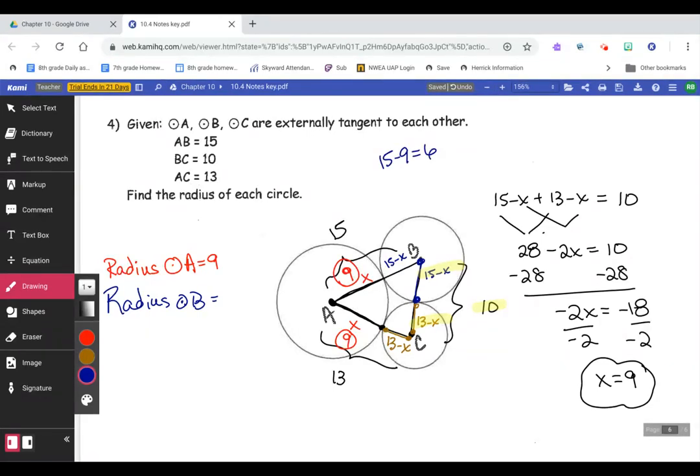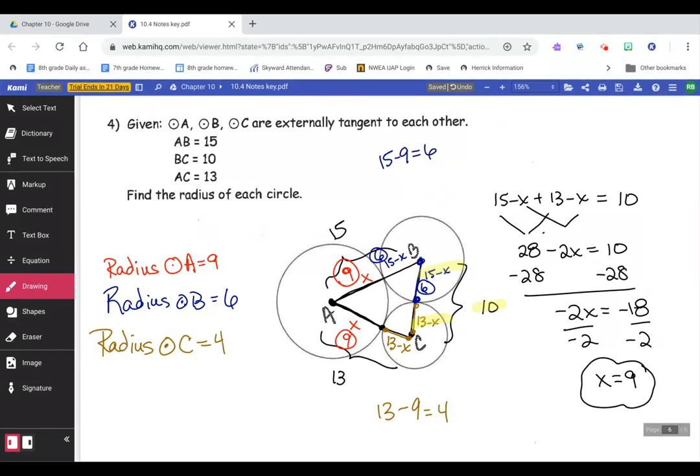So this is going to be 6, and this is going to be 6. And then finally, the radius of circle C is going to be 13 minus 9, which is going to be 4. So it would mean this part is 4 and this part is 4.